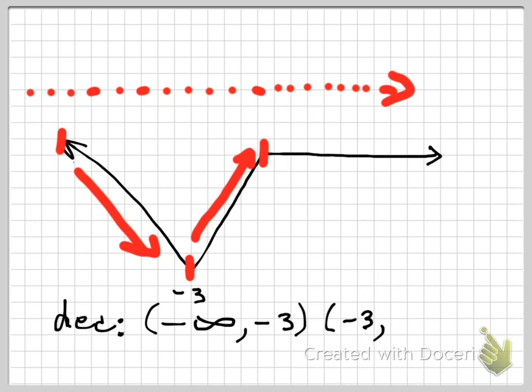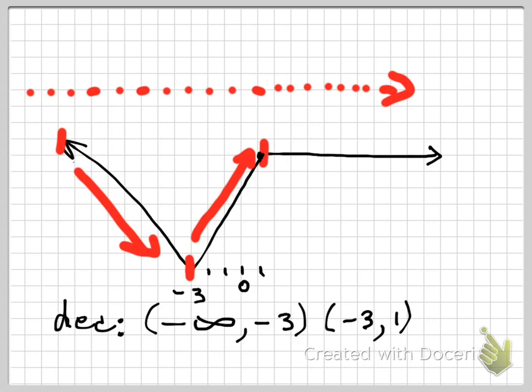Okay? And what I need to know is, where does it stop going up? If that's negative 3, that's negative 2, negative 1, that's 0, so that's 1. Let's pretend that that's hitting right there. So it goes up until you get to 1.